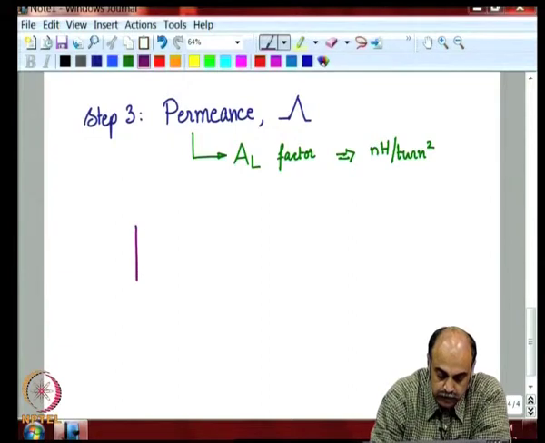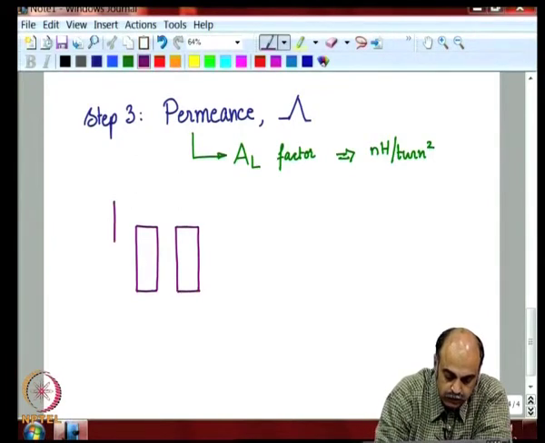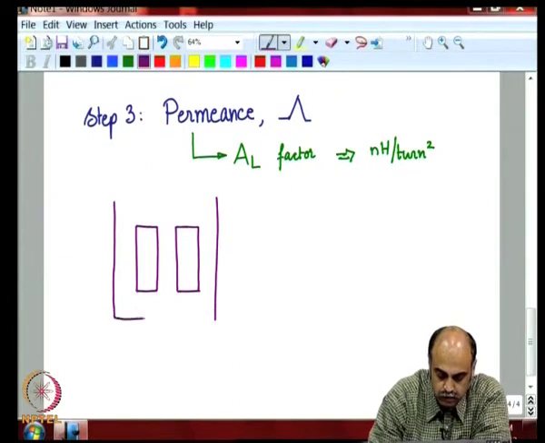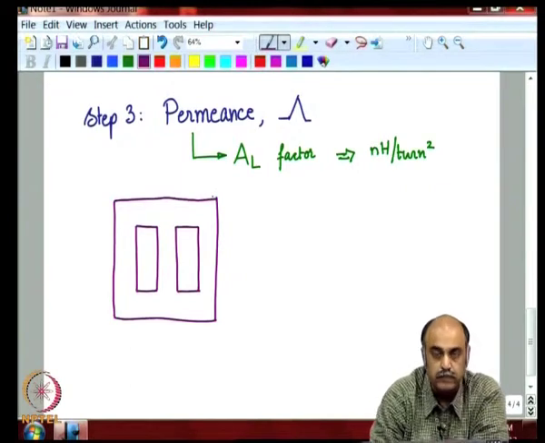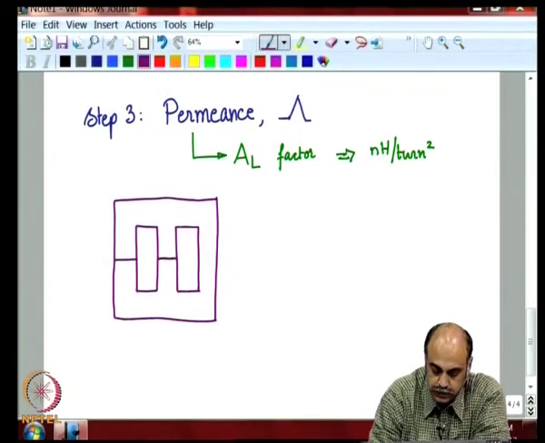Now, let me draw an EE core like this. Now, let us say these are the two parts.